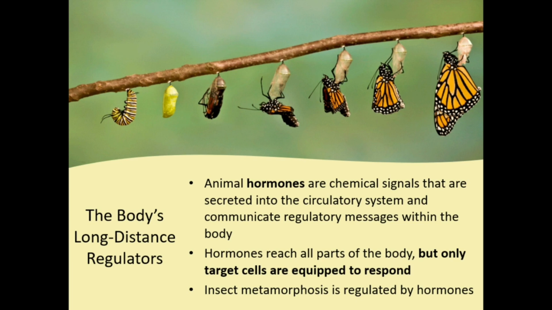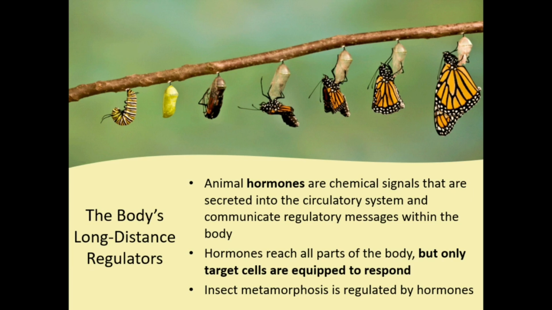And then it will go through its different instars, so its different stages where it goes through its molts. And then once it reaches a certain size or certain age, depending on species, it will stop producing or greatly reduce the amount of the juvenile hormone that's being produced.